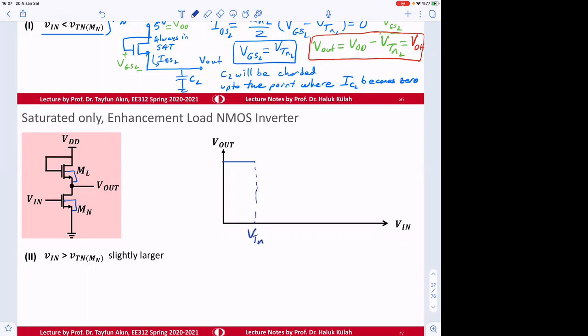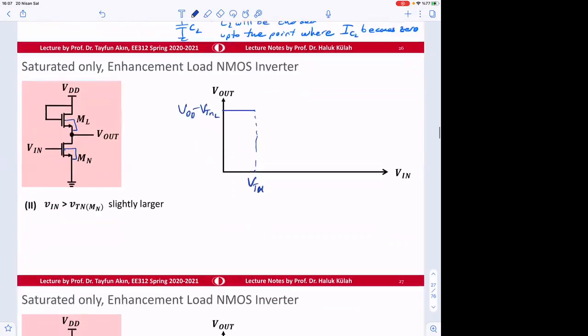Up to VTN, this is VDD minus VTN of L. So what happens if the input is larger than this? Slightly larger.